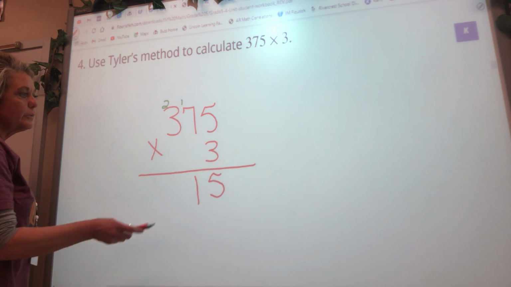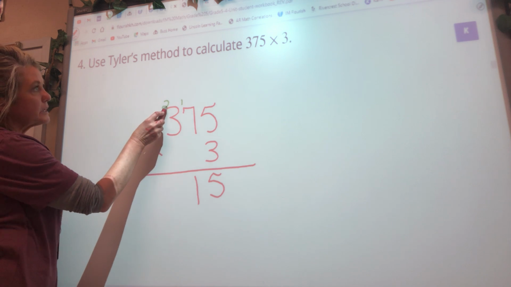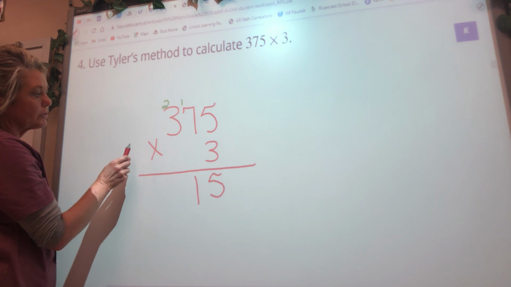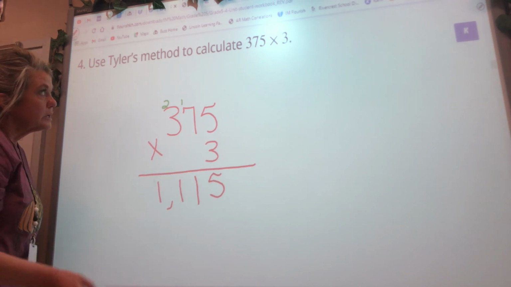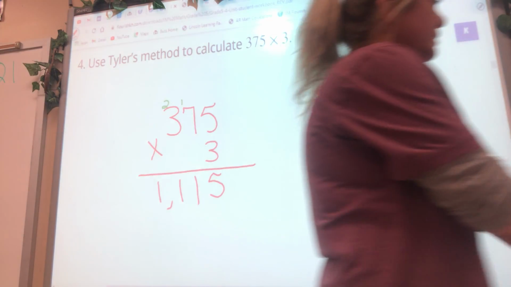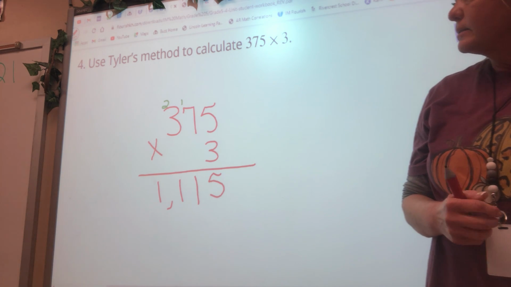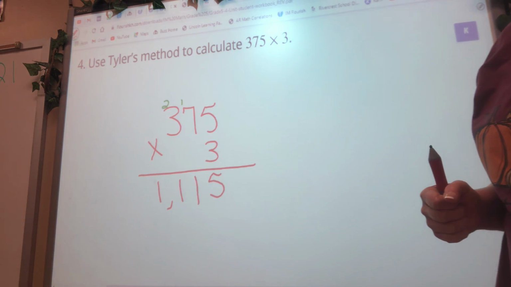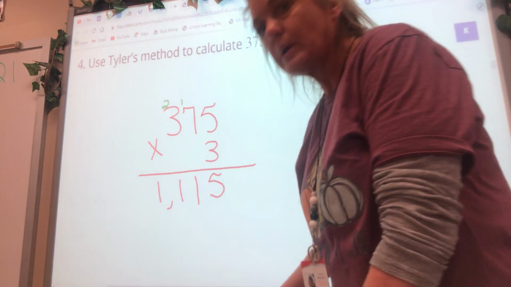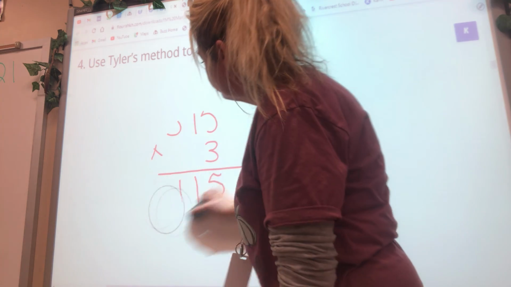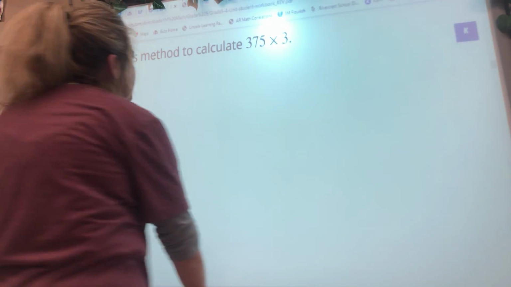And then finally we multiply 3 times 3 is 9 plus the 2 that we carried over, and 9 plus 2 is 11. So if we use Tyler's method, the standard algorithm method, we get not that answer. I didn't add my carryover. We all make mistakes. I'm sorry.